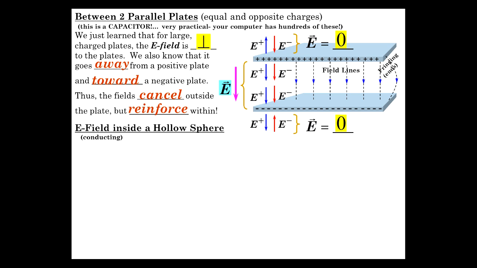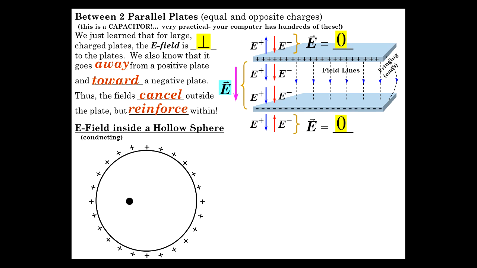And now let me discuss perhaps a little bit different idea, but a hollow sphere that's charged and conducting. So here we have a conducting sphere, positive charge distributed around it. And I'm showing some geometry here that can be replicated anywhere inside this region, drawing these lines that go through the point and intersect on both sides.